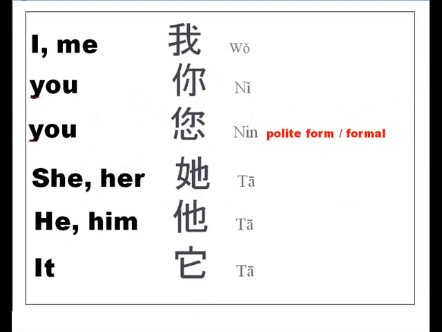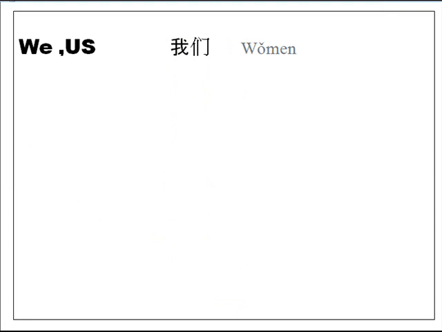Now we go to the plural. The first person in plural is we or us. In Chinese we say 我们. The second person is you in plural.